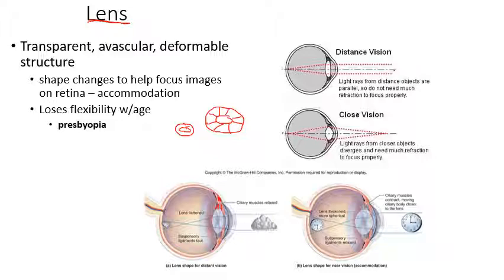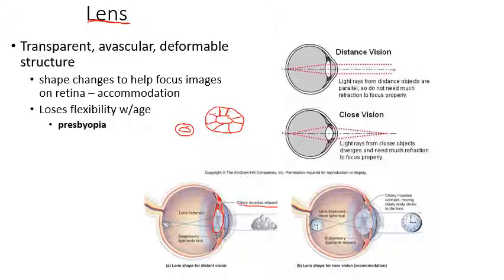When the ciliary muscles are relaxed, it's more open and those suspensory ligaments are pulling on the lens and stretching it out. Because the muscle is farther away, the suspensory ligaments here are pulling on it, stretching it.